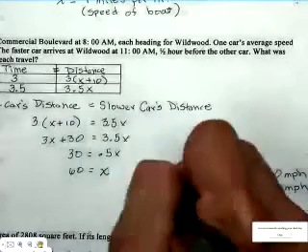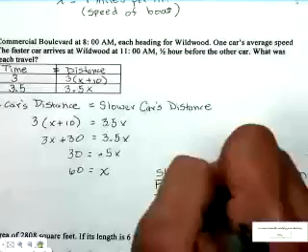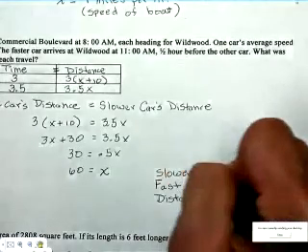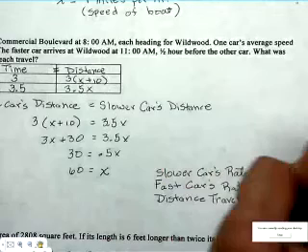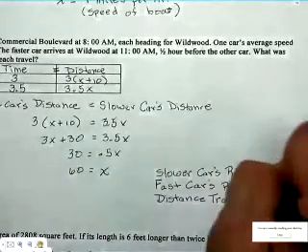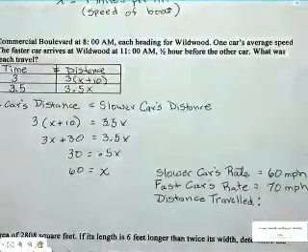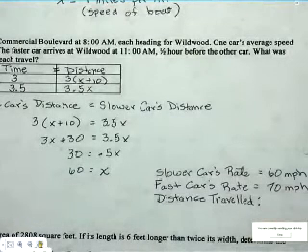Well, we know that they traveled the same distance, but how do we find that distance? If you go 60 miles an hour for 3 hours, well, the fast car is going 70 miles an hour for 3 hours.